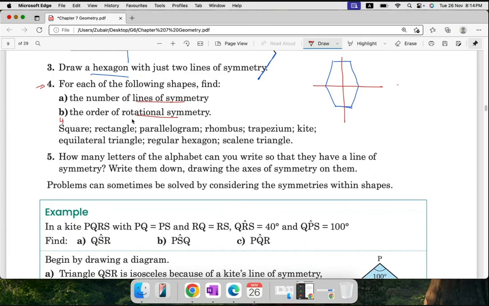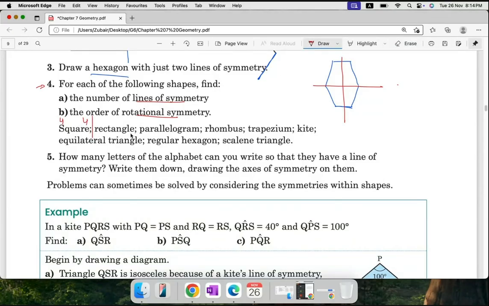Rotational symmetry, square. This is square. If you rotate it 360 degrees, how many times will it fit in its original shape? Square would fit 4 times. Yep.